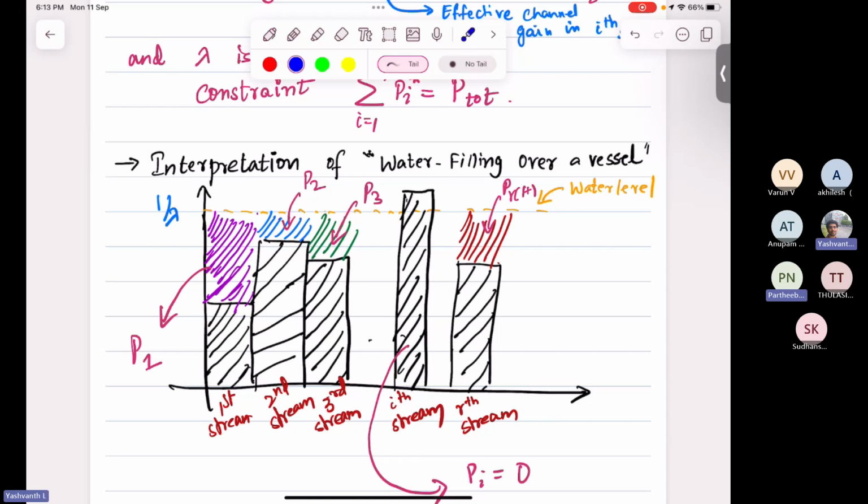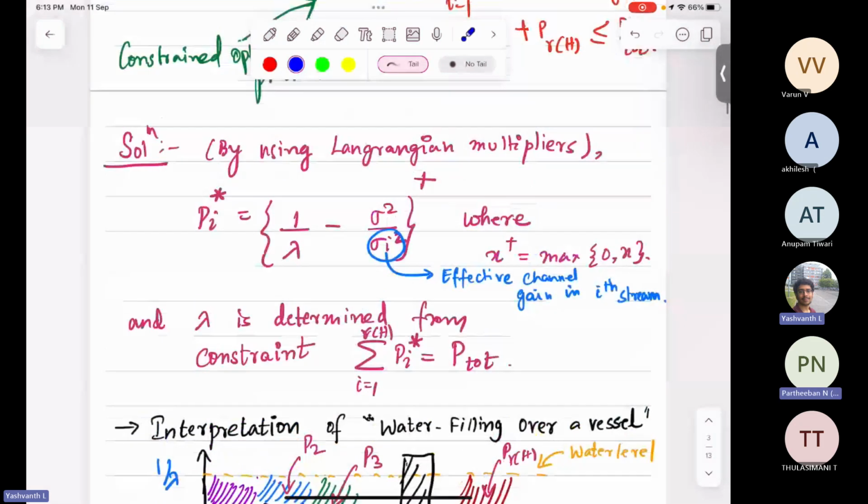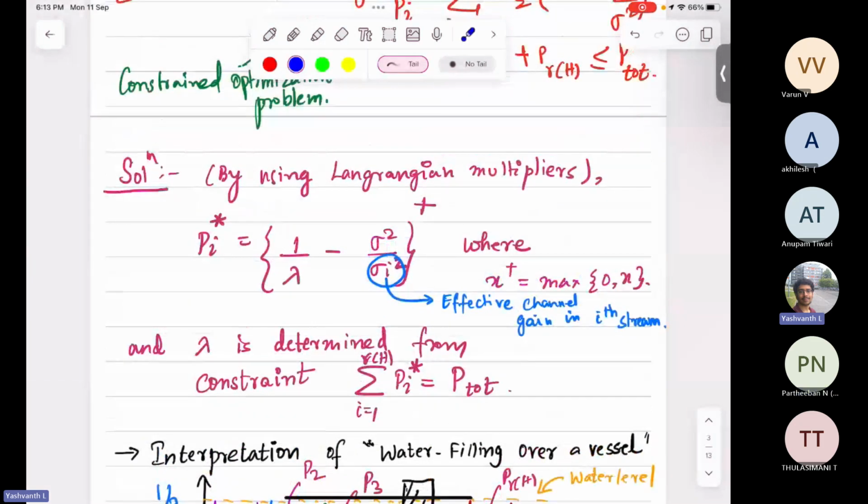Sir, can you tell more about that plus sign that we use, sir? Okay. Yeah. What this plus sign stands for is basically, let me give an example. If I have 2 plus, it's not a power, it's just an operator. 2 plus is the same as 2. But if I have a -2 and take a plus operator, it is the same as 0.